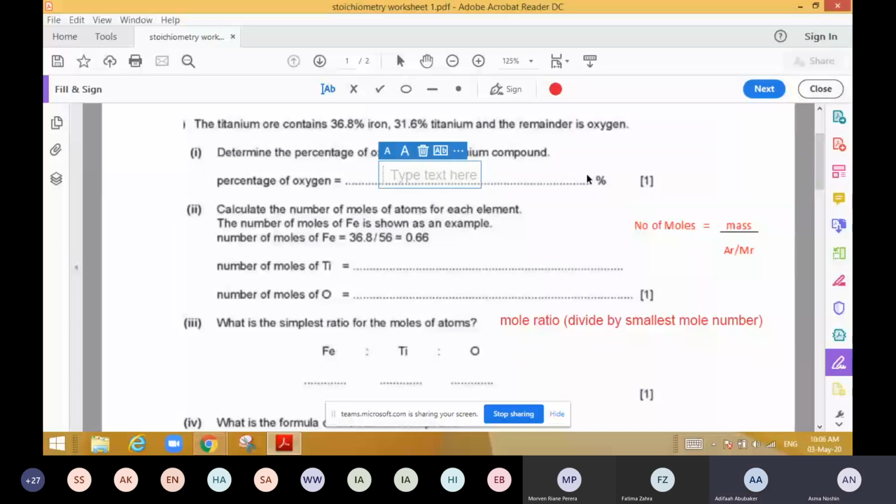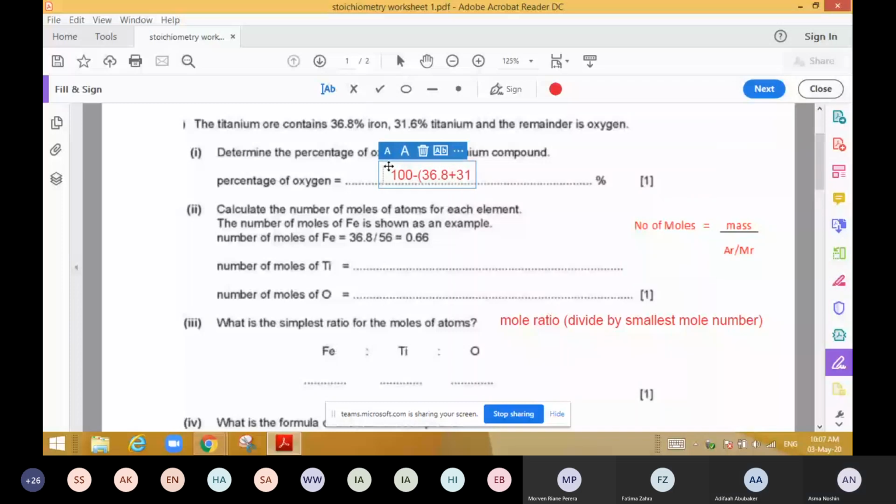Miss, because oxygen is the only other substance besides iron and titanium, we just have to do 36.8 plus 31.6, and subtract that from 100. Okay, so if I write this in this way, is it okay?